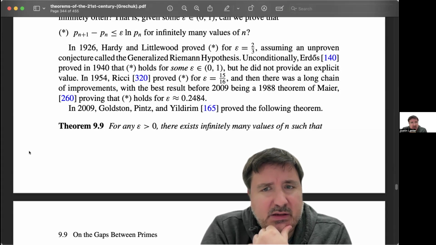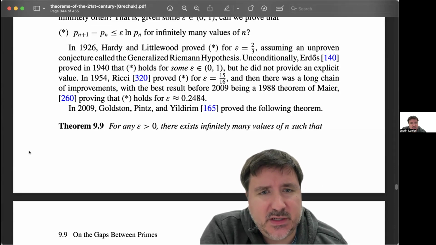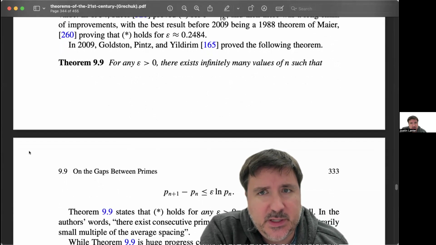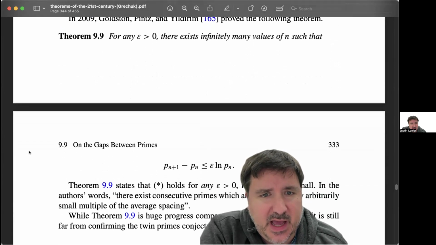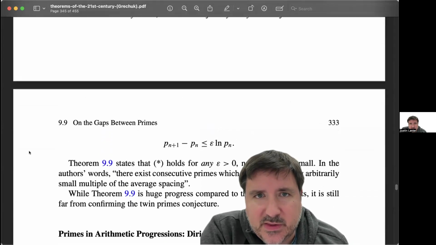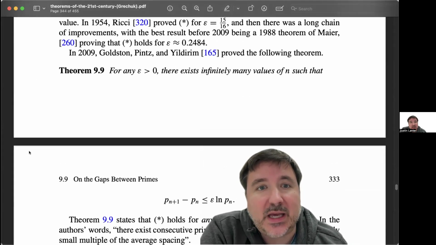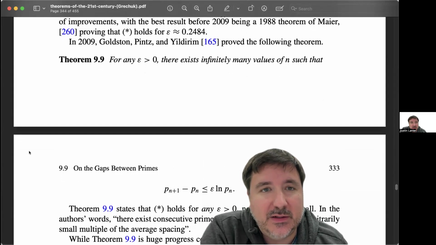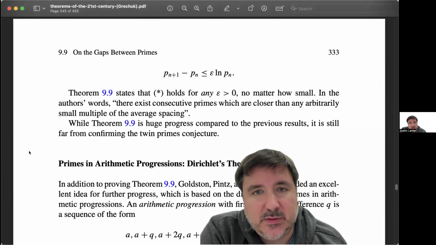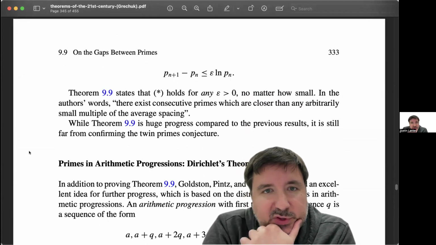But now Goldstone, Pintz, and Yildirim proved that there are infinitely many values of n such that, what's their epsilon? Oh, for any epsilon. Oh, wow. So that means you can make it really small and do the logarithm.